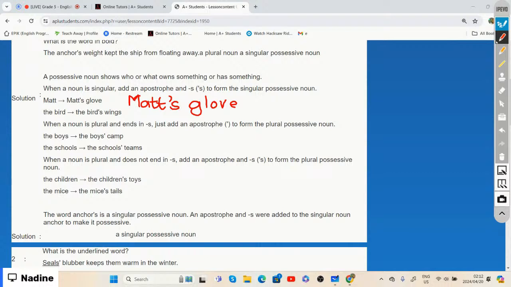So the different teams belong to the different schools. That is what we mean.